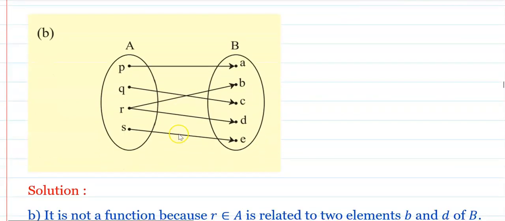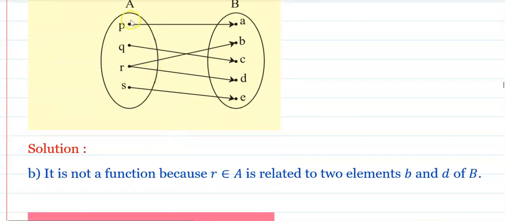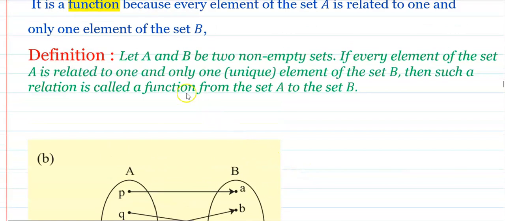Now the next one, see this here. From the set A, P is related to A, Q is related to C, and R is related to B and D. S is related to E, and this is not a function because R has two images, B and D. R belongs to A and is related to two elements B and D of B. And what is our definition of the function?